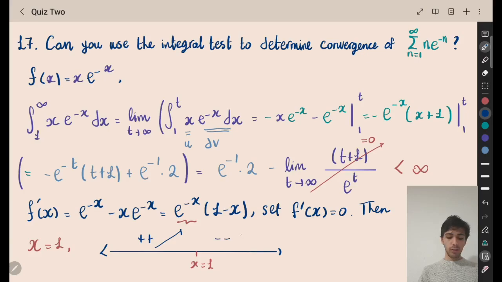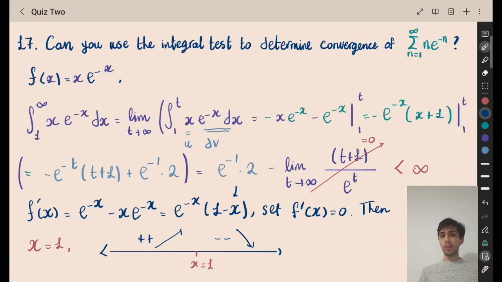If it is negative, then it's decreasing. Now, let's see what happens. We would like it to be this way, actually, because if we are starting from n equal to 1, then we would like the function that we have here to be decreasing. And this will indeed turn out to be the case. So if you plug in a number that's less than 1, you'll get something that's positive. And if you plug in something that's greater than 1, you get something that's negative.